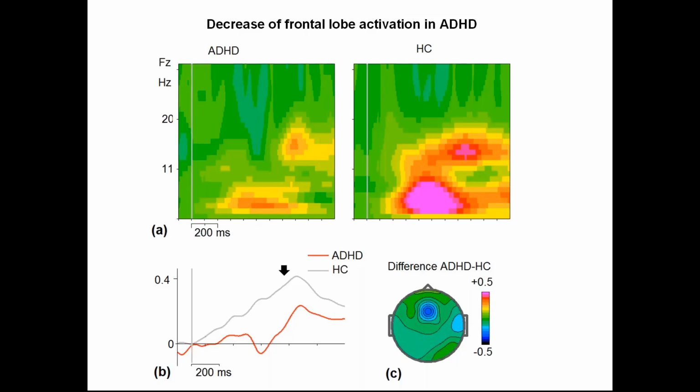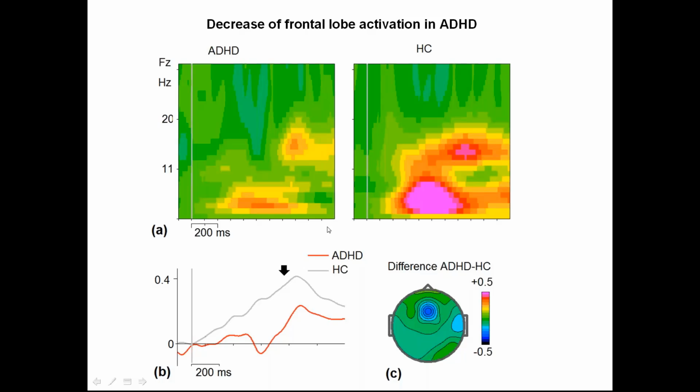Okay, now let us see, can we use these rhythmicities to differentiate, say, some categories of subjects. And here I present the results of wavelet analysis. This picture shows the dynamics of EEG rhythms in response to the relevant stimulus.